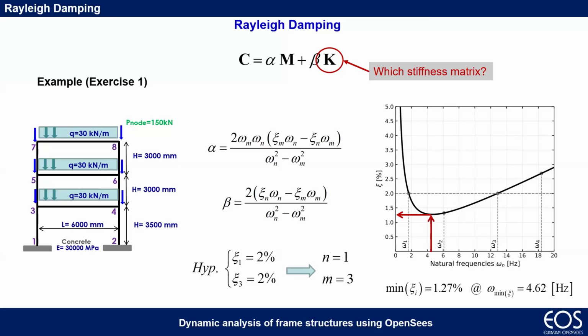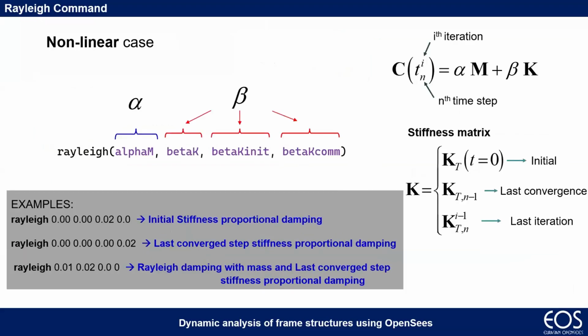Or if you are pretty sure that this problem of the reduction of damping due to the reduction of stiffness value is not a problem for your system, you can use the initial tangent stiffness, or pay attention, the last committed can be unstable. So it's up to you, okay? It's up to you which type of stiffness matrix you want to use.